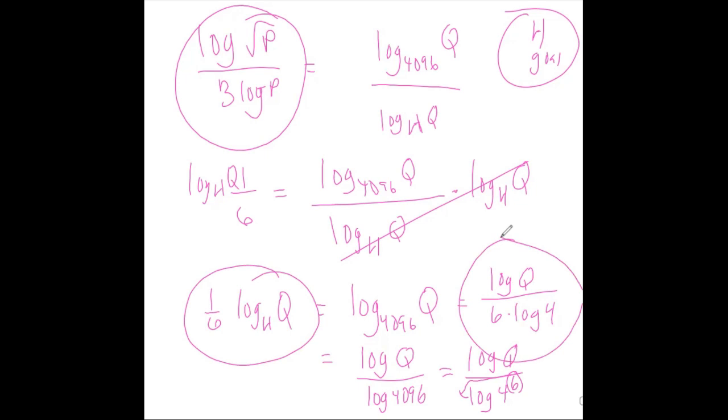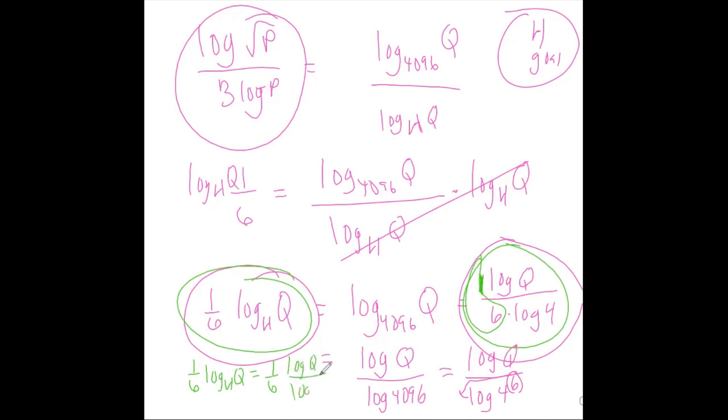So maybe what I can do here in green is write down a new equation, the one that says that this is equal to this. So I'd have 1/6 log base h cubed of q equals, now I want you to see that there's an invisible 1 right there, and I could combine it with the 6 below. They give me 1/6 log q over log 4. This 1/6 cancels with this 1/6.